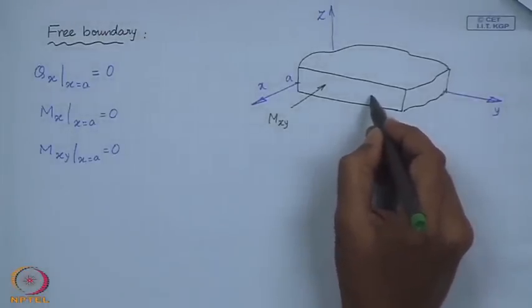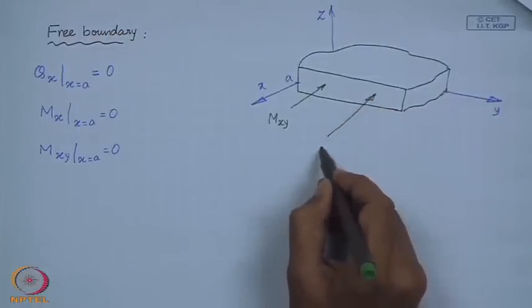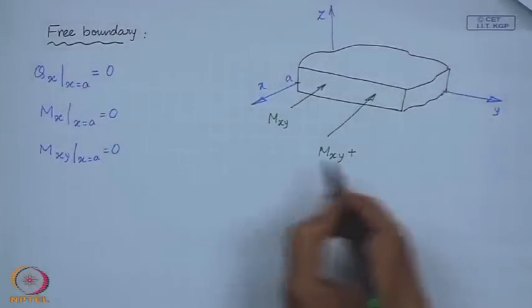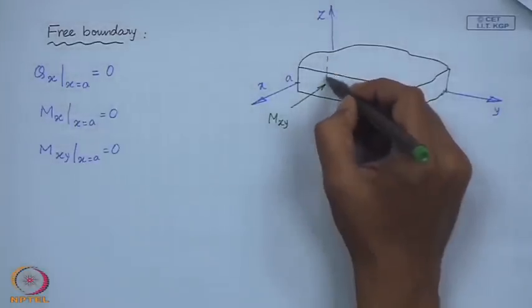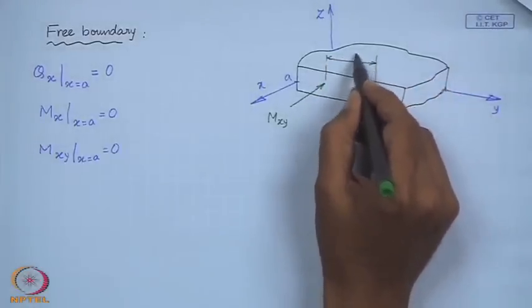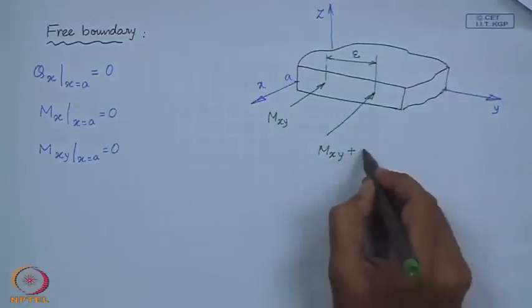At another location, this can be m. I am considering 2 locations separated by a small distance epsilon.